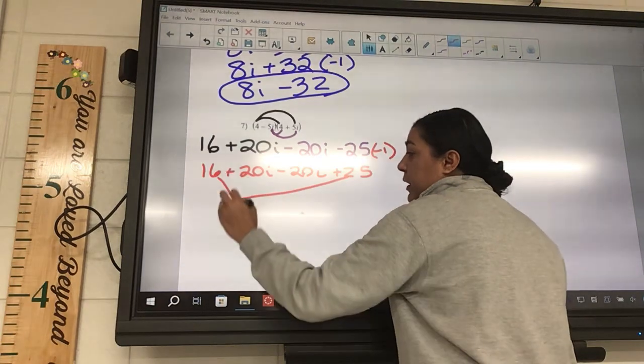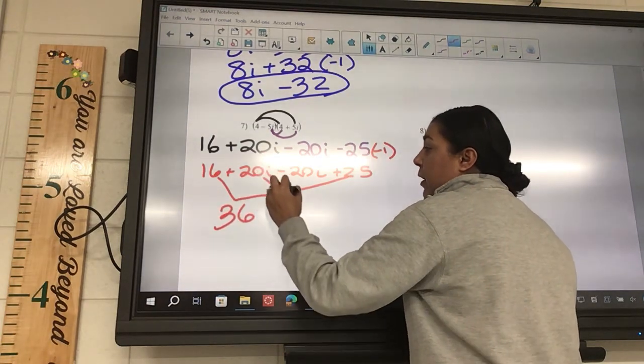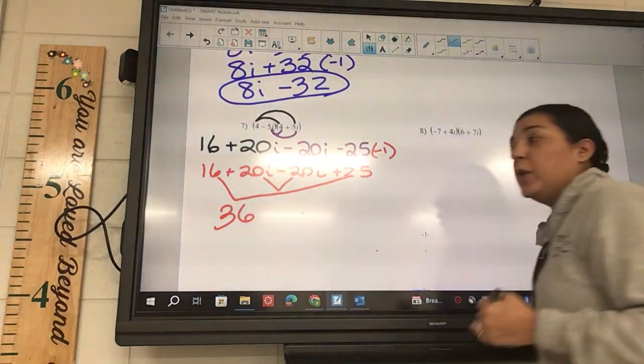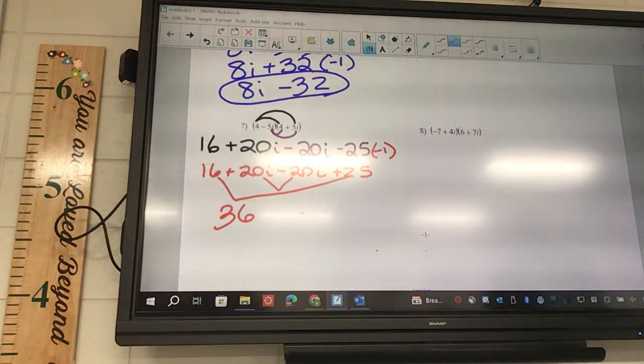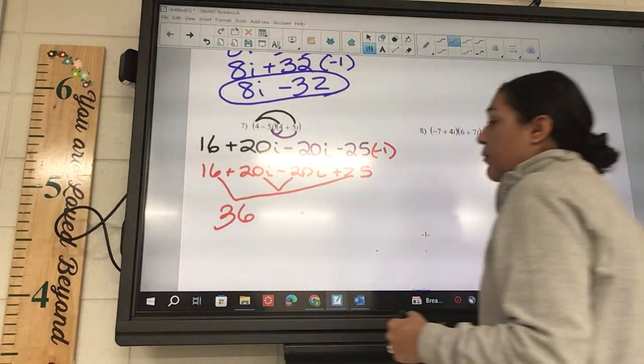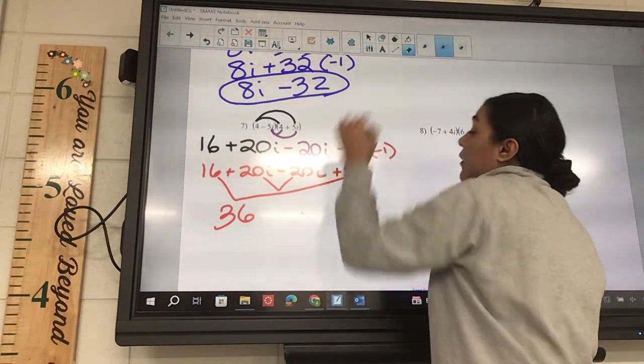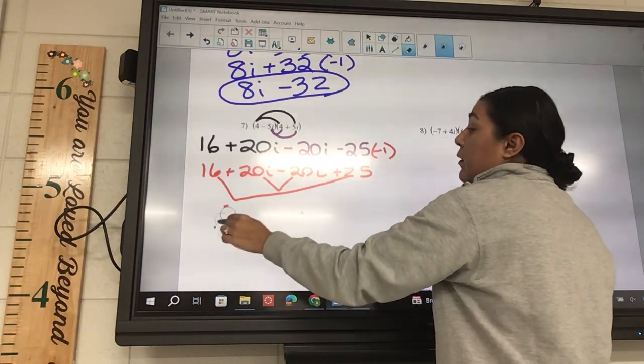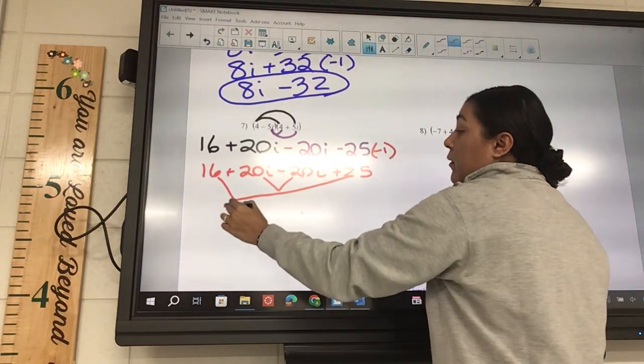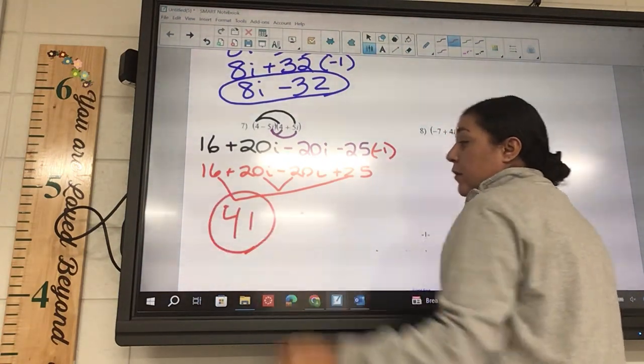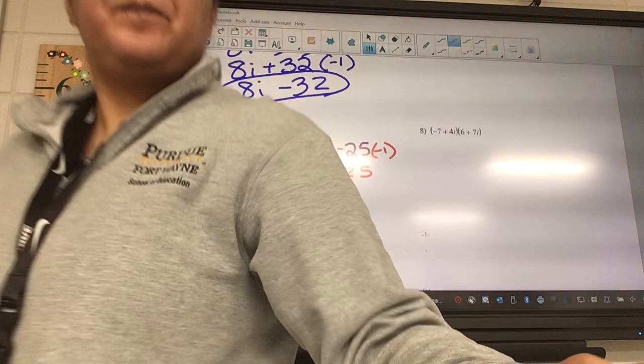So this part gives you 41, and this part, again, gives you 0. So you can put plus 0i, minus 0i, or just put nothing. I wrote down what you guys told me. 16 plus 25: 25 plus 10 is 35, plus 6 is 41.